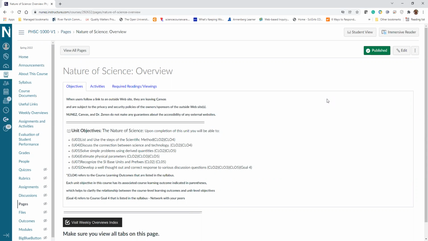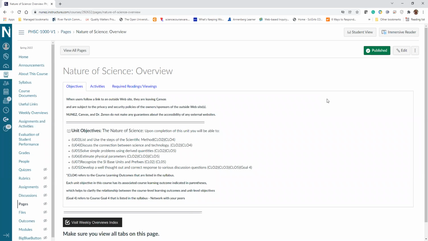We focus heavily on the scientific method in this portion. We look at the relationship between science and technology. We'll be looking at the metric system, the units and prefixes. And then you'll have some simple problems to solve relating to derived properties, namely volume and density.